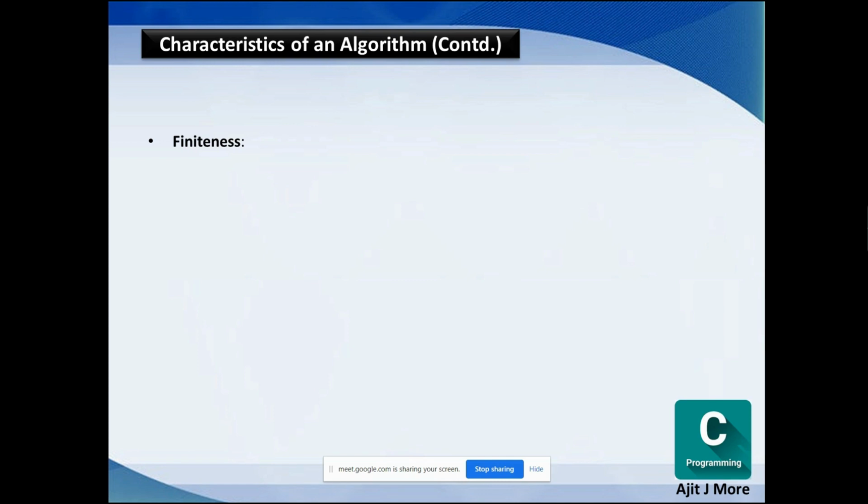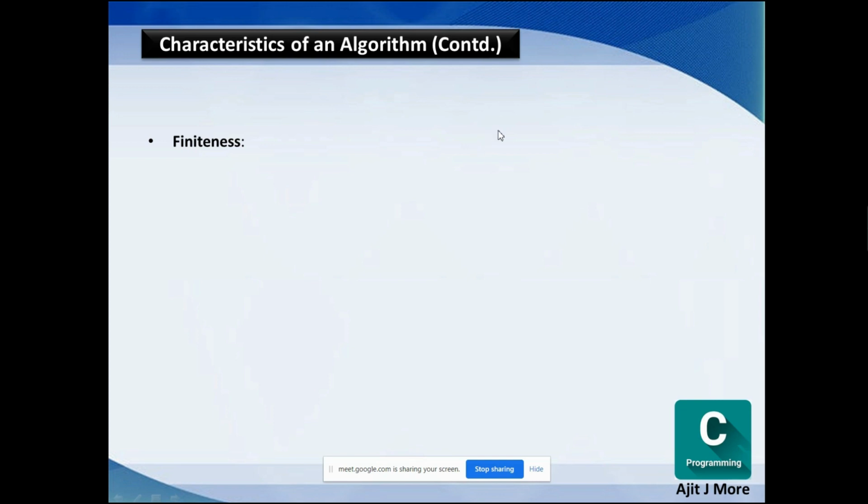Means if it is never stopping, then we say it is not finite. Okay, so whatever algorithms you write, sequence of steps, and if you trace them step by step, you are checking how it will go, and while tracing you realize that it's never getting halted, okay, so we'll say it is not finite.